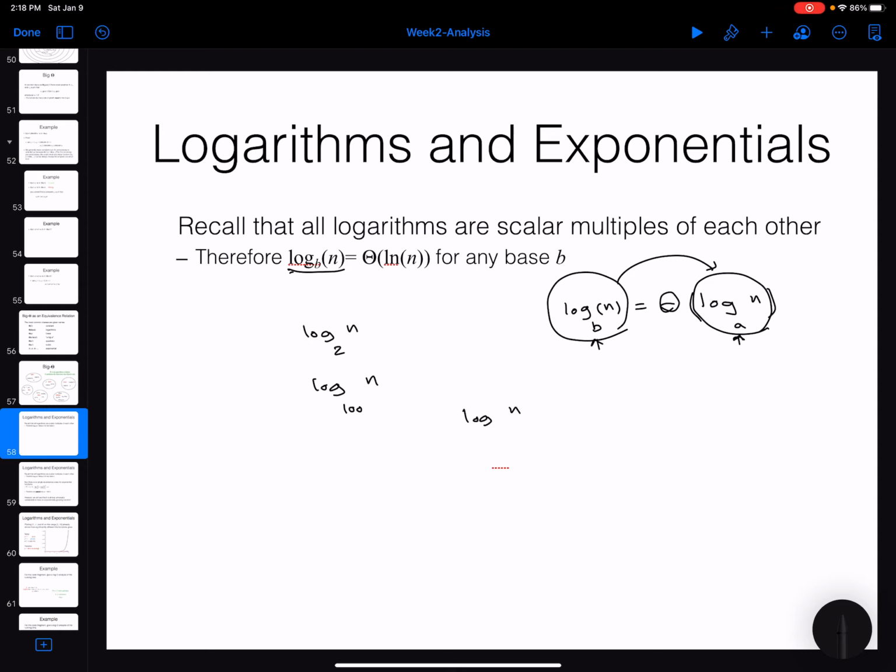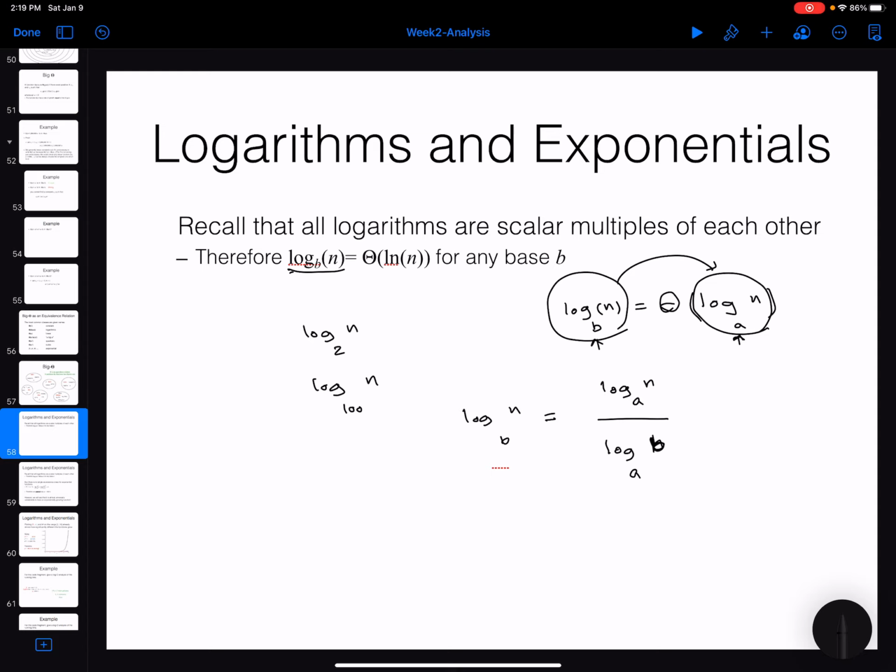Let me show you this. Log of n in base b, I can write it, this is just from the discrete math, as log of n in base a divided by log of b in base a.